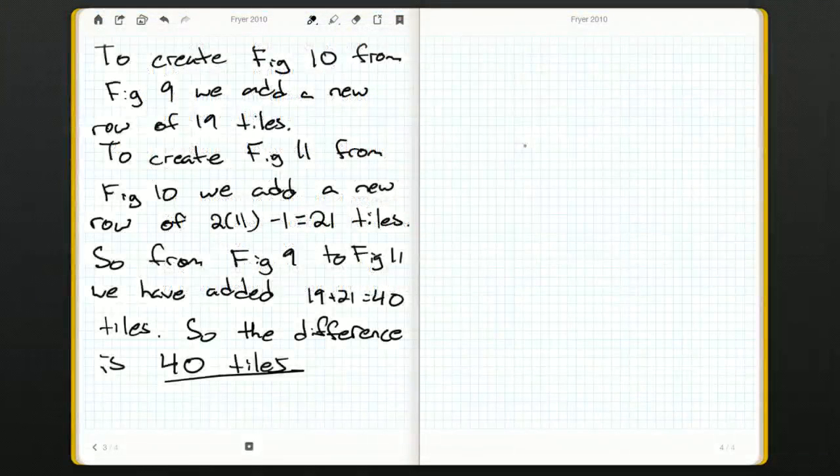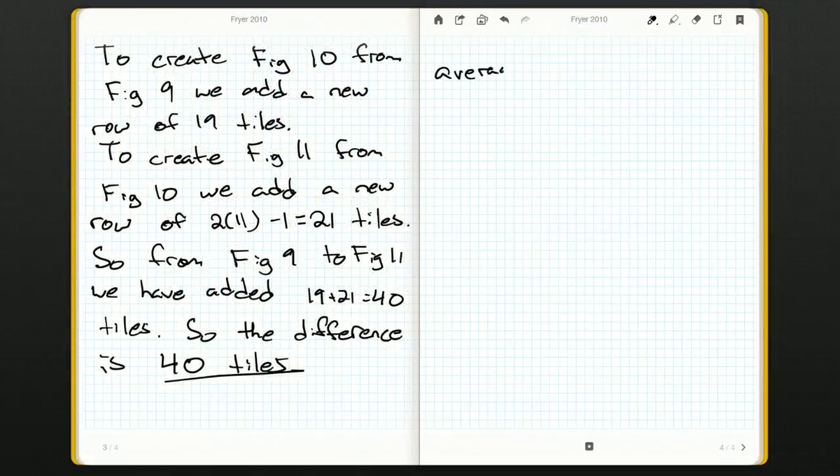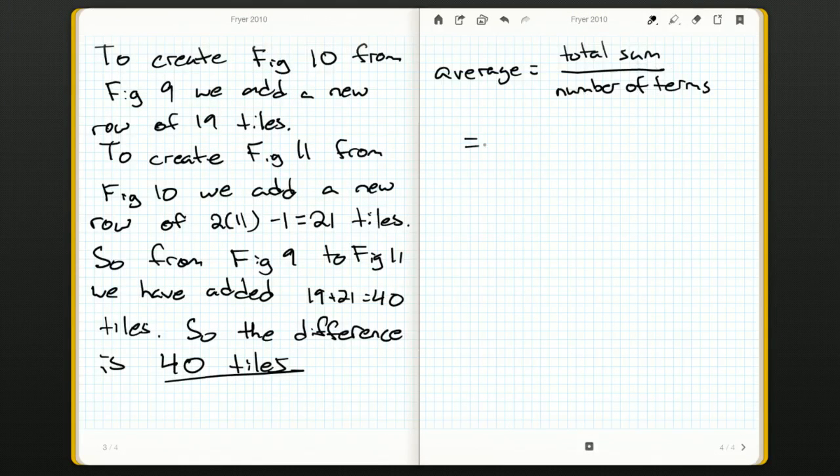Well, how do we determine any average? Well, we have to figure out the total sum of all the numbers we're averaging and how many numbers we're averaging.